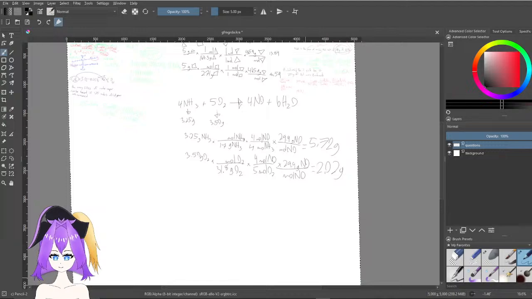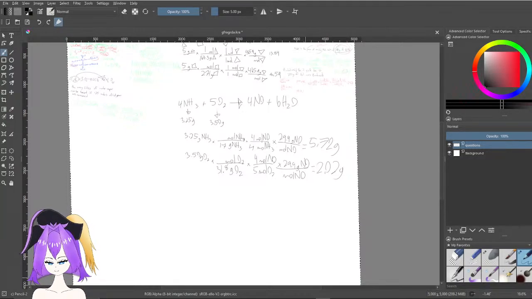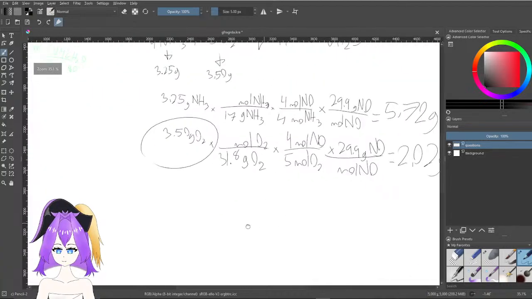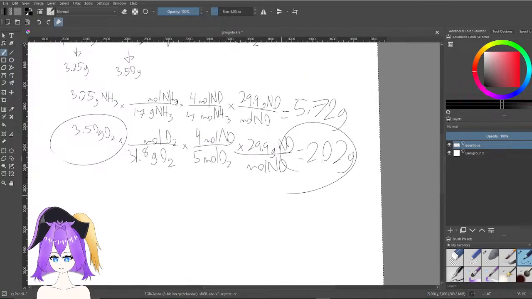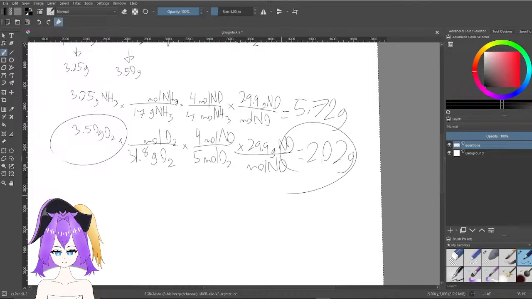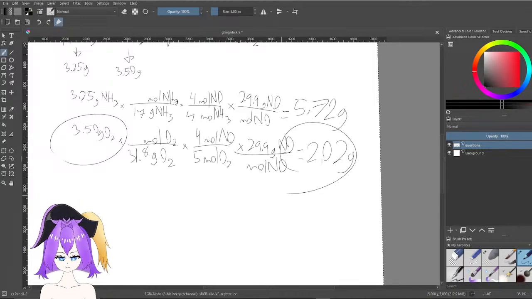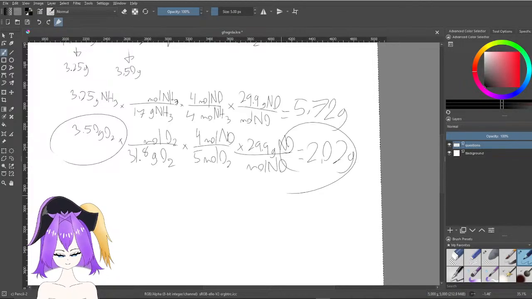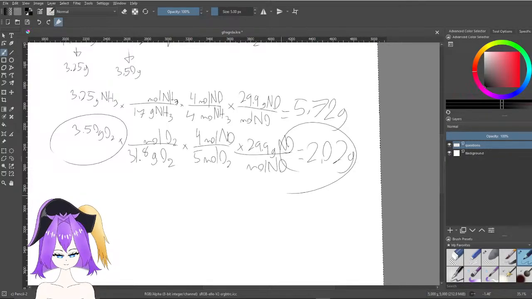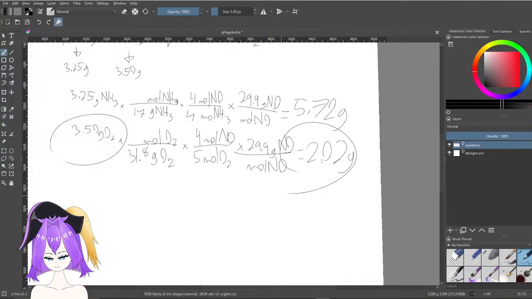So our limiting reagent is the oxygen, and we get 2.02 grams of nitrogen oxide. How much of the excess is left over? I think it's 3.5 minus 2.02, which gives me 1.48 grams.